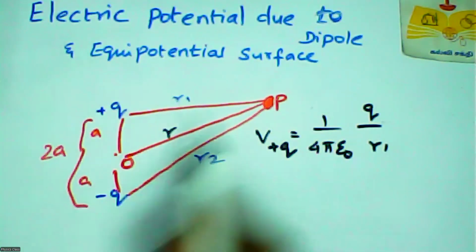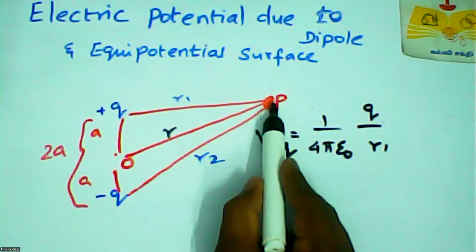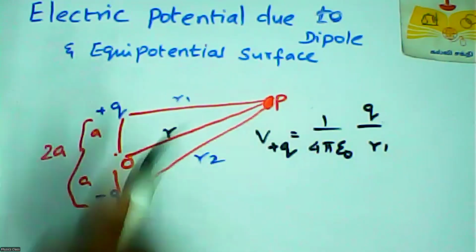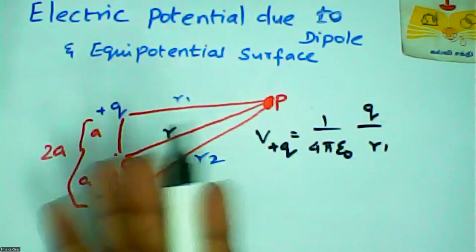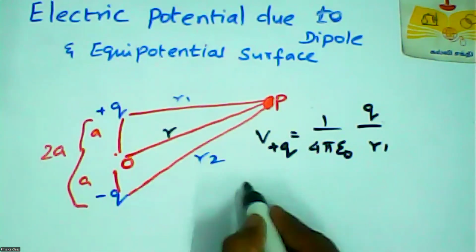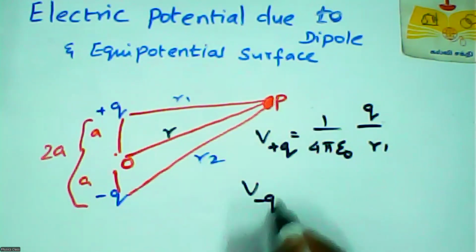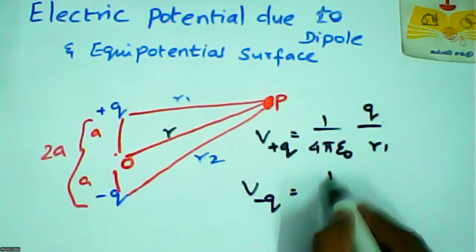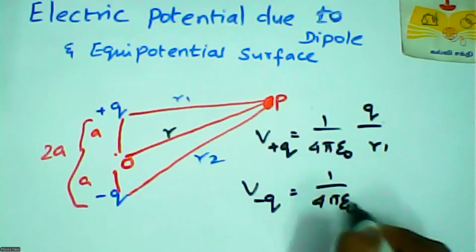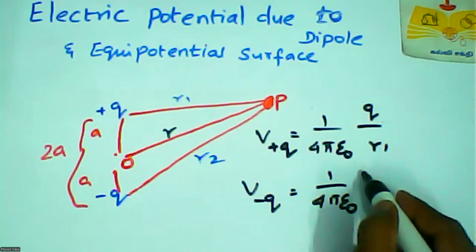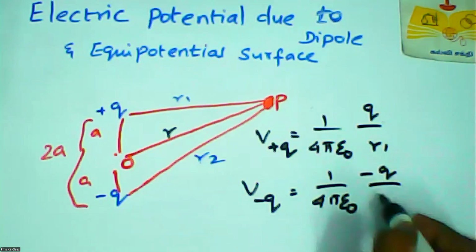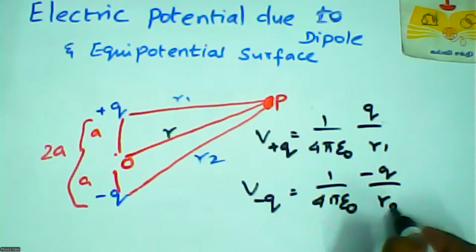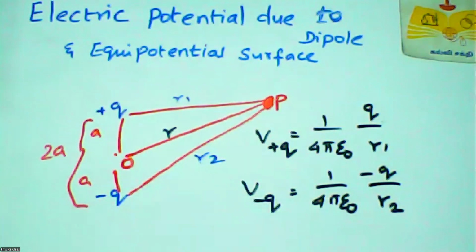Like that, the potential at point P due to minus Q, the negative charge, we can write V minus Q. Same formula, but with minus Q charge and R2. So these are the potentials.